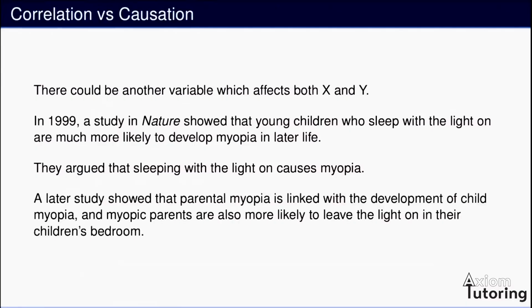A later study actually showed that parental myopia is linked with the development of child myopia, and myopic parents are also more likely to leave the light on in their children's bedroom. So here, what we can see is that the correlation that the first paper identified and assumed was a causal relationship between two variables was actually caused by another variable that affected both X and Y.